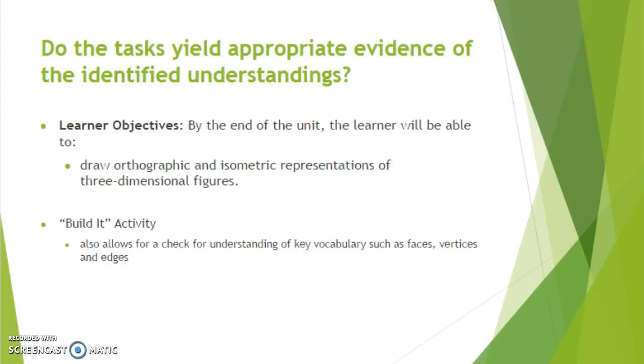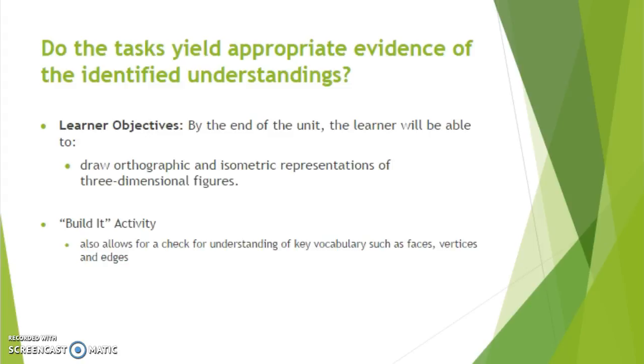I also had a learner objective for the students to be able to draw orthographic and isometric representations of three-dimensional figures. I was able to do an activity for this one called the Build It activity, where I give 6 clues, and the students are given about 20 colored 1 centimeter by 1 centimeter by 1 centimeter cubes.